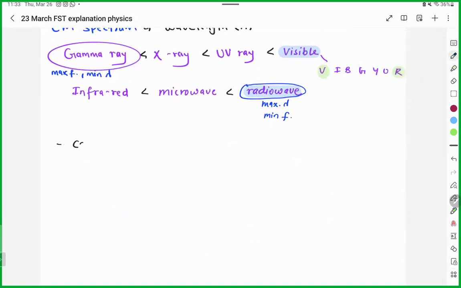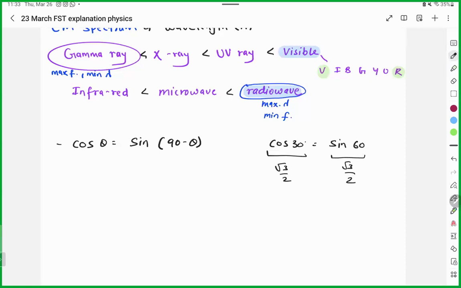One is for revision: cos theta is equal to sine 90 minus theta. How? For example, if we take cos 30, it is equal to sine 90 minus 30, which is sine 60. What is cos 30 value? Under root 3 by 2. What is sine 60 value? Under root 3 by 2. It means logically this is correct.